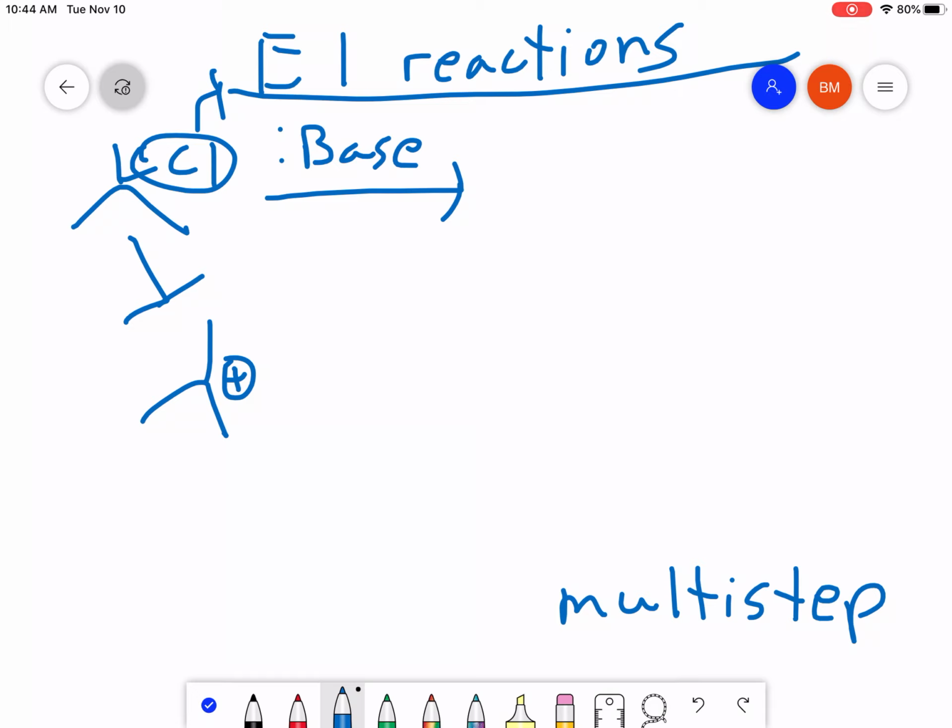Now we actually have three different beta carbons here, but they're all identical to each other, and they all have identical beta hydrogens, so I'm just going to pick one. I'll just put one right there. Your base is going to come in, grab that beta hydrogen, and then these electrons will swoop into a double bond, and voila, you have your alkene.